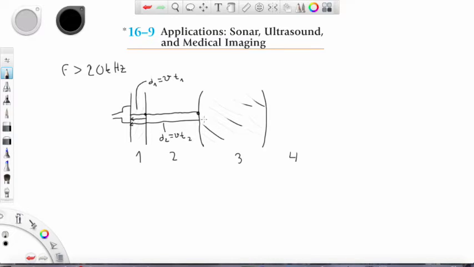Okay, so again, part of this sound wave will keep going through the tissue number 3. It attenuates even more until it hits the boundary between 3 and 4. And yet again, we will have a reflection. I'll just draw it a little bit lower here so that it's clear. And how far is the boundary between 3 and 4?